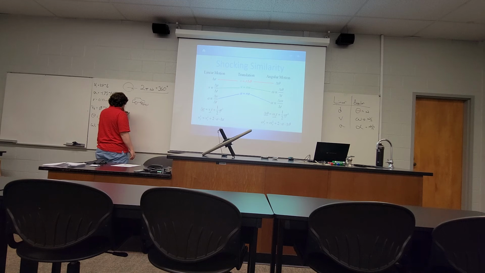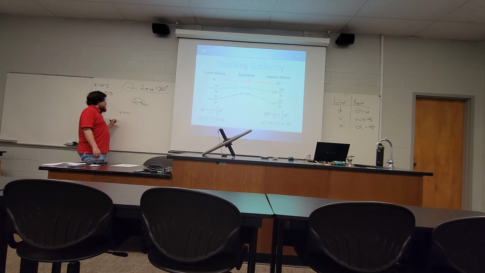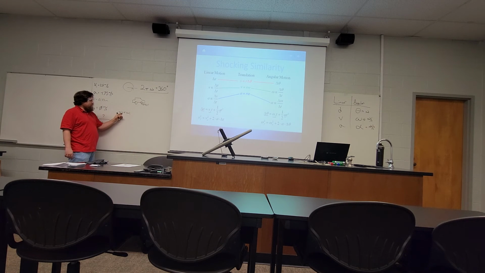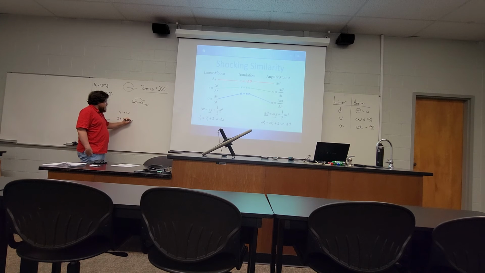So V equals R times omega. I'm going to be more specific and say V initial equals R times omega initial. 29 equals 0.33 times omega initial.